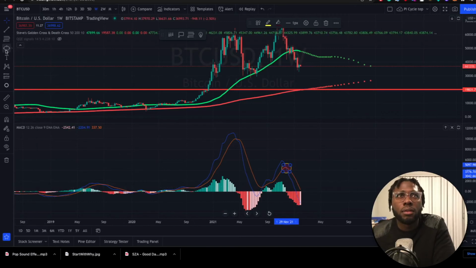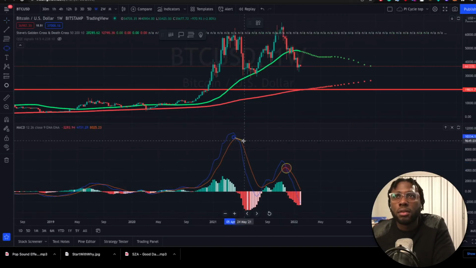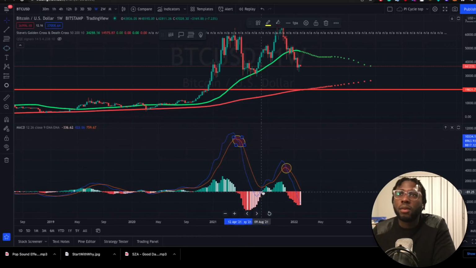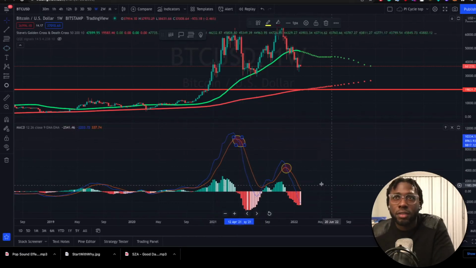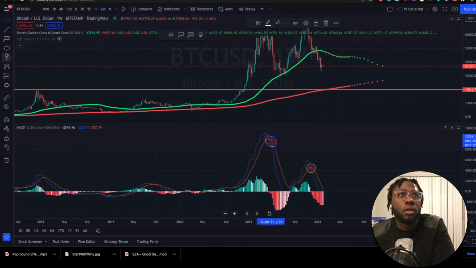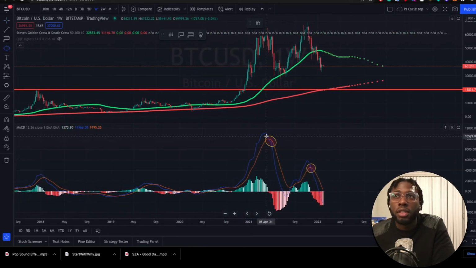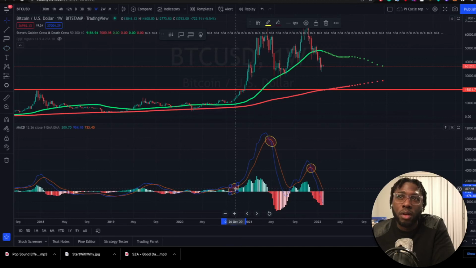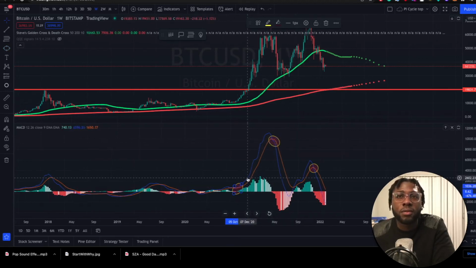You got another one, you got a cross, price headed downwards. This is the bearish aspect. Bullish, let's go another circle right here. Let me delete the previous circles, but this is bullish right here. Look at that blue over the orange. Blue over orange, bullish. Orange over blue, bearish.